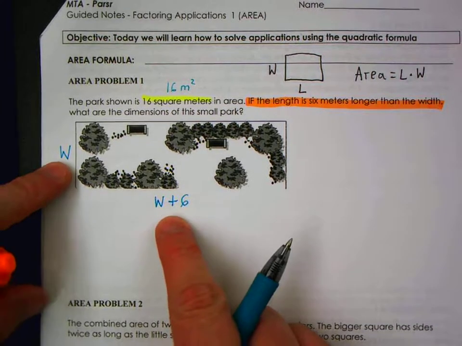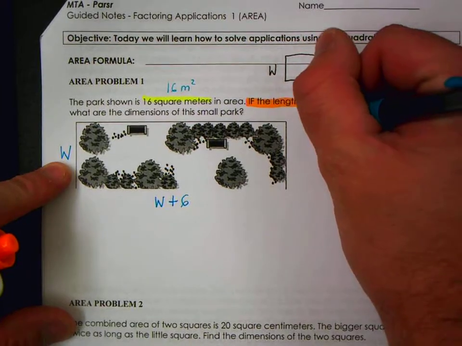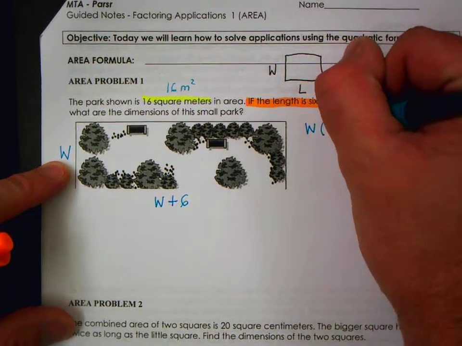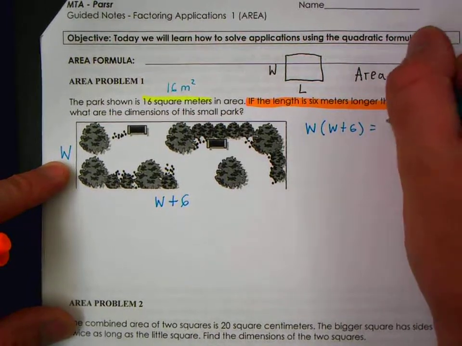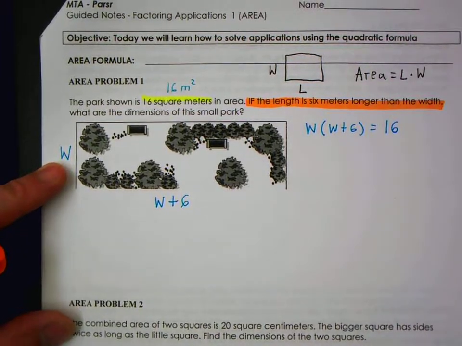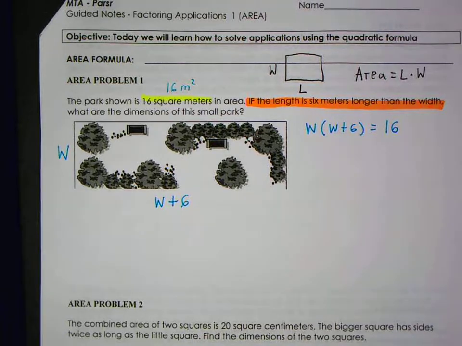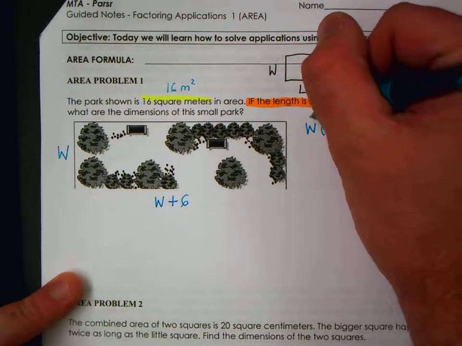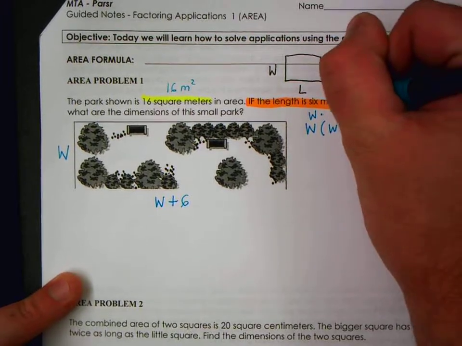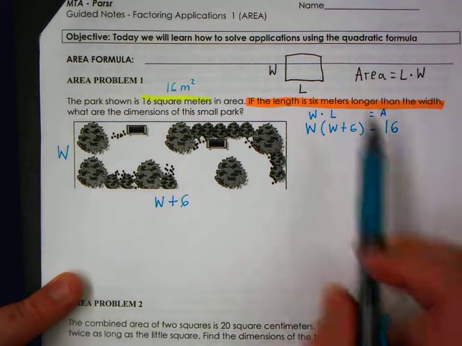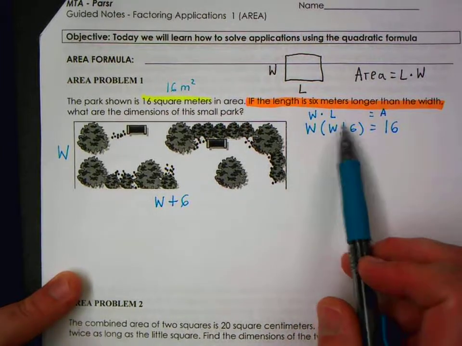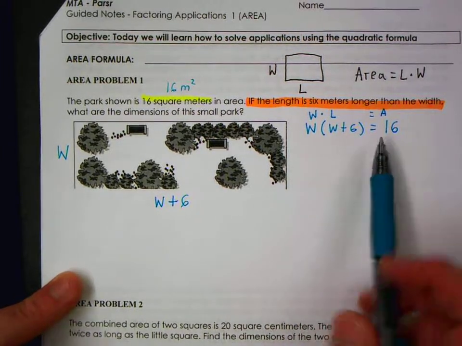Well, we could put these two together, and we get W times W plus 6 equals 16. All I did was use the area formula that said width times length equals area, where my width is W and my length is W plus 6. So that's how I got my equation.